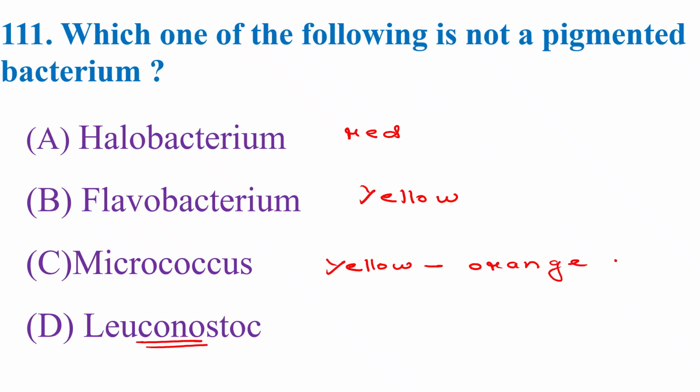Whereas Leuconostoc is non-pigmented or colorless. It has white colonies, and commonly they are used in fermentation like pickles or in dal. So correct option is D, that is Leuconostoc species.